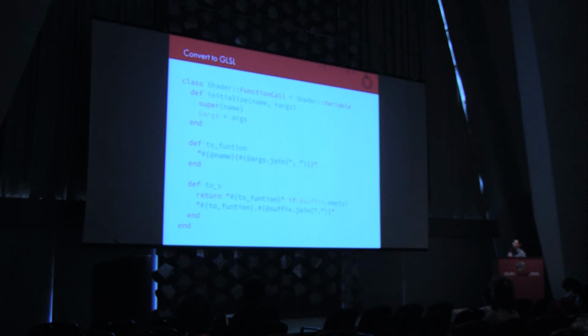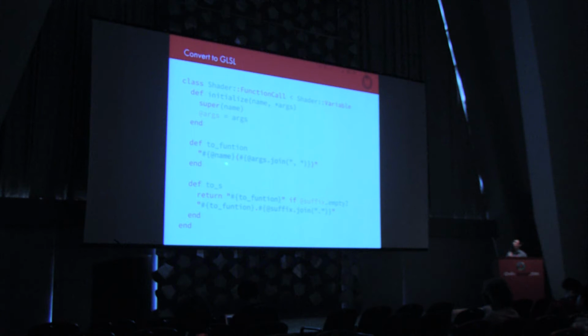So when we are done with everything, we still have to handle functions, but the function code is very much like a variable. So I inherited it from the variable object, and I modified some methods to let it behave like a function.